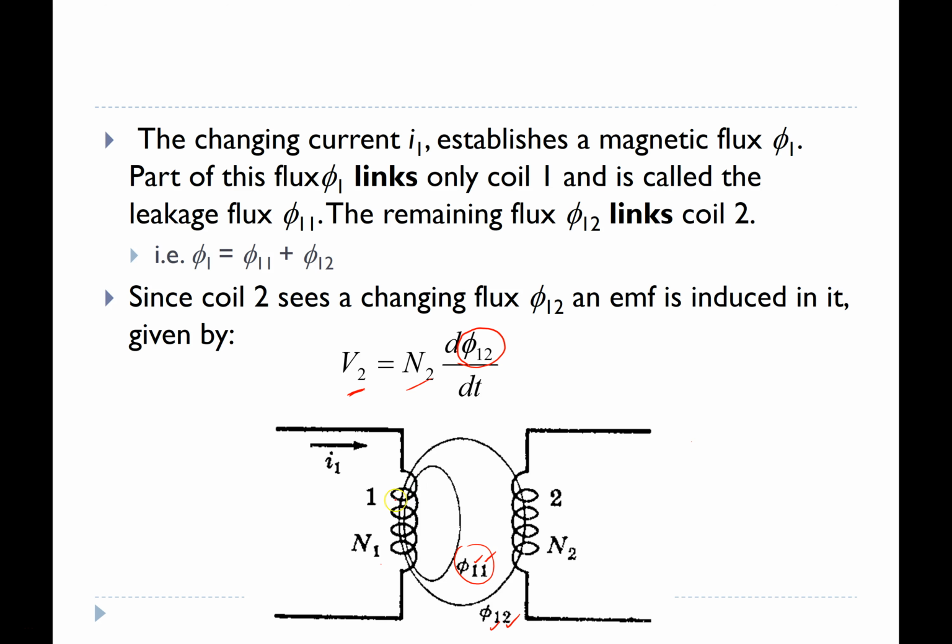Whereas the EMF in side 1 would be d(phi 12 plus phi 11)/dt. This would be V1 because all the flux links that coil.